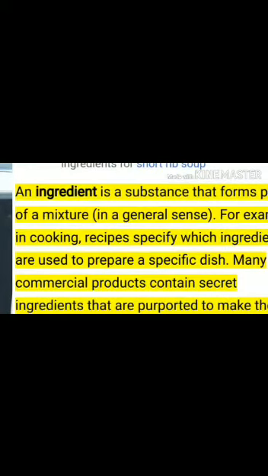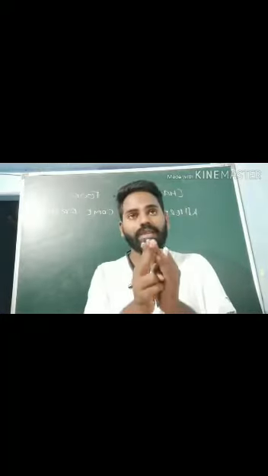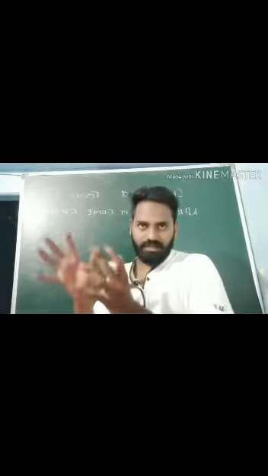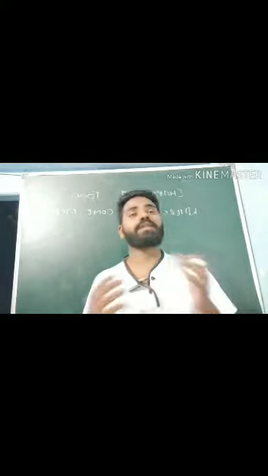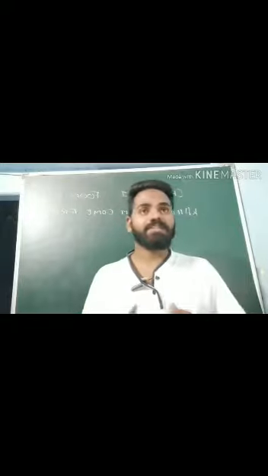What is the definition of an ingredient? An ingredient is any food or substance that is combined to make a particular dish. Sometimes one or two ingredients combine to make a dish, and sometimes more than 5 or 10 ingredients come together to make a special dish.